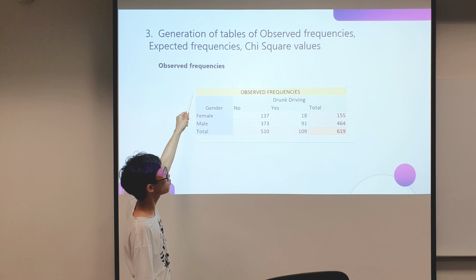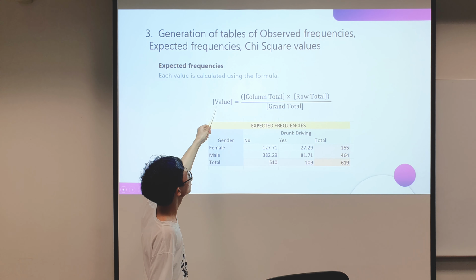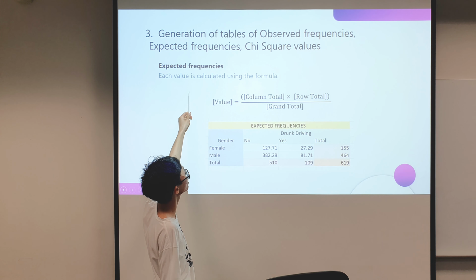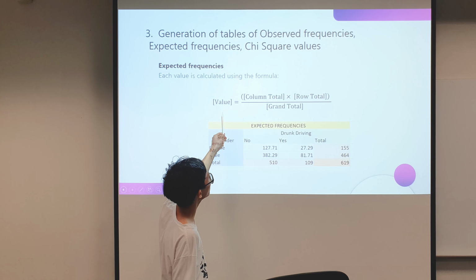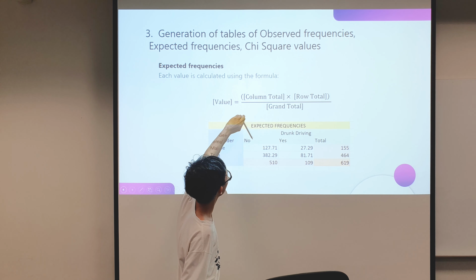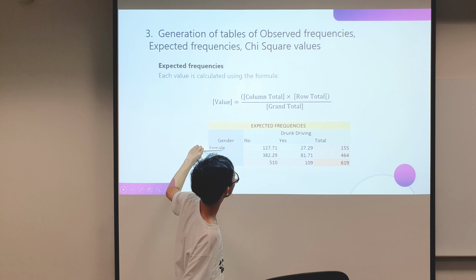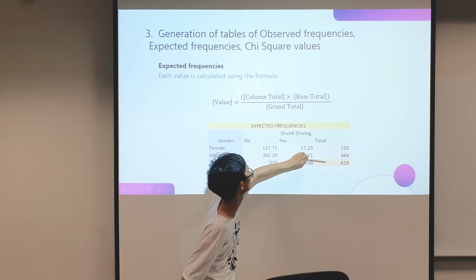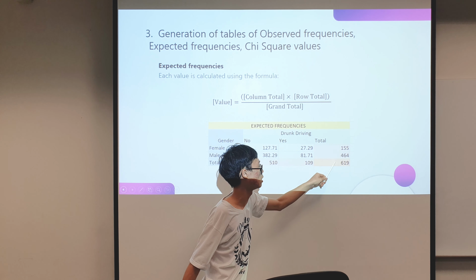This is our observed frequency table, and this is our expected frequencies table. So how is our expected frequency calculated? Each value is calculated with the formula: the column total, which is the column total here, multiplied by the row total, which is this way, and divided by the grand total over here, which is our total here.